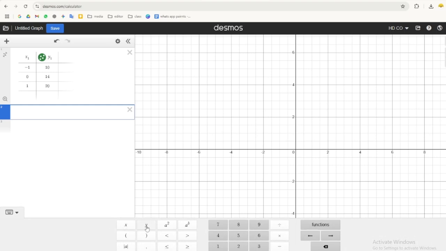In this case, we can put y equals ax squared plus bx plus c, but these are not the actual values, so we will put a1.